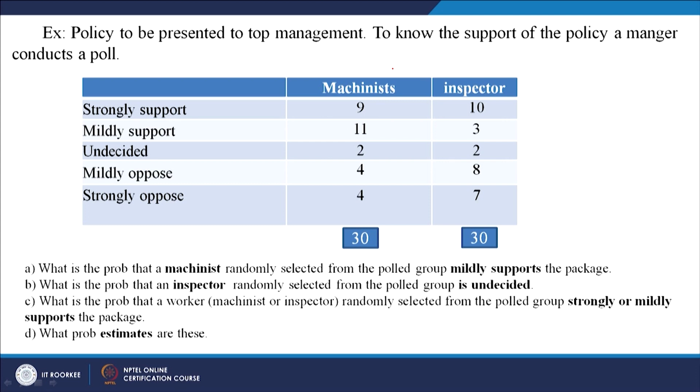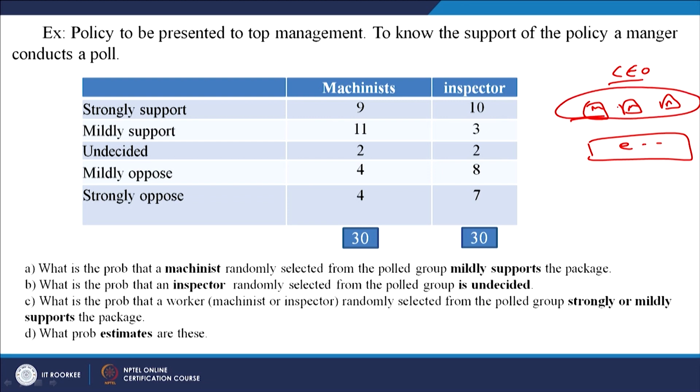Let us say there is a CEO in a company and there are several managers working under this person. These are different managers and there are several employees. Now, these managers have decided to come up with a retirement policy, and that policy is to be presented to the CEO.